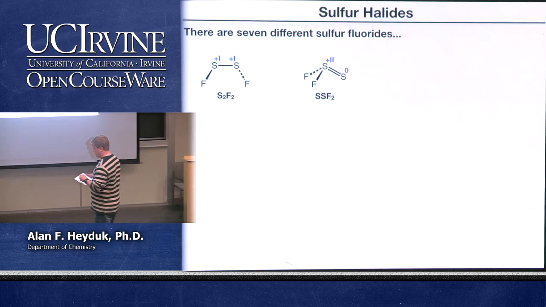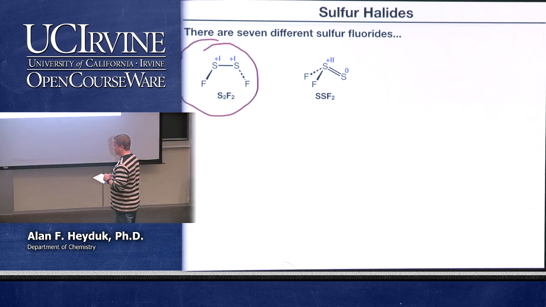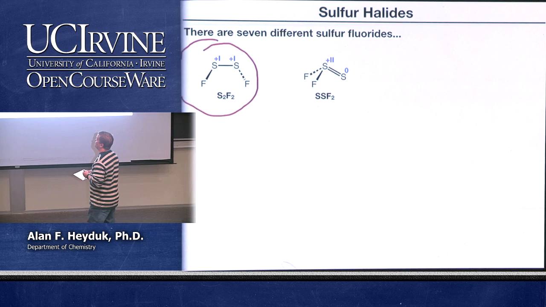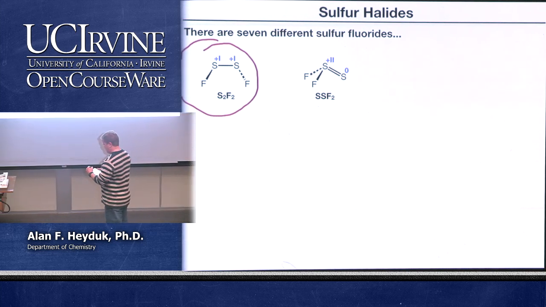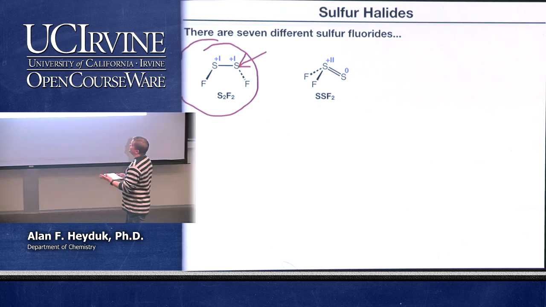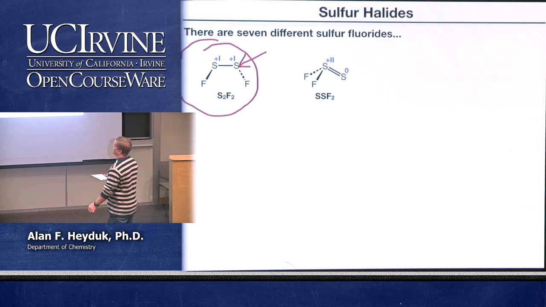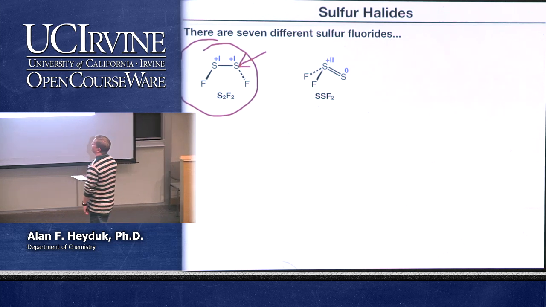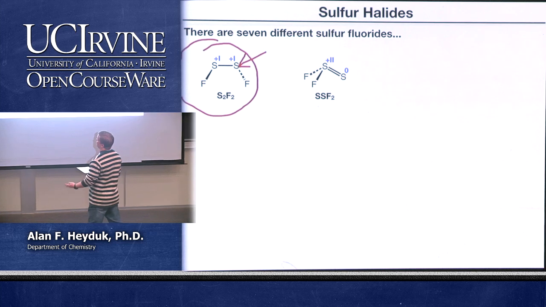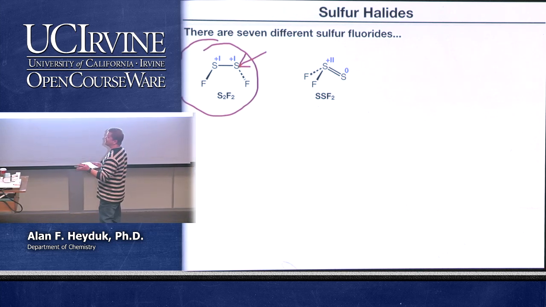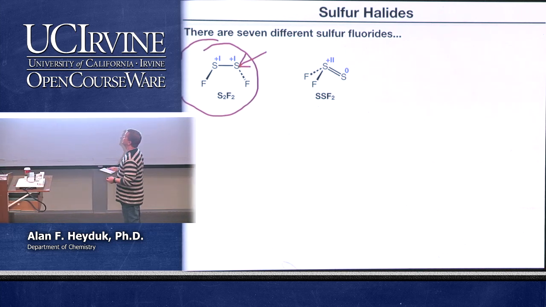So in the case of the S2F2 complex, the electrons in the sulfur-fluorine bond go to the fluorine because it's more electronegative. The electrons in the sulfur-sulfur bond get split evenly when you're assigning the oxidation state. This again differs from formal charge. If we were assigning formal charges, every single bond would get split evenly.